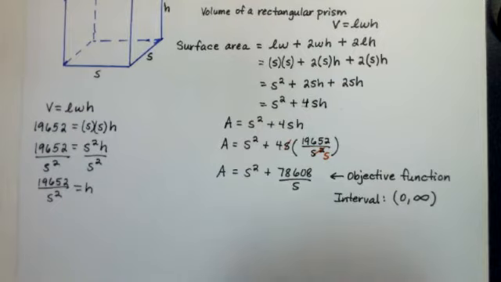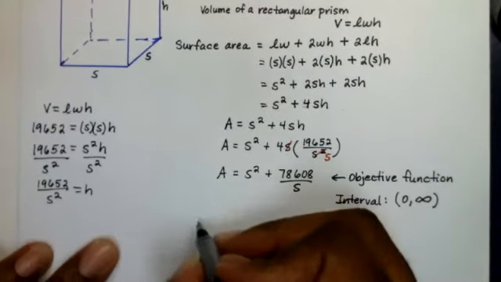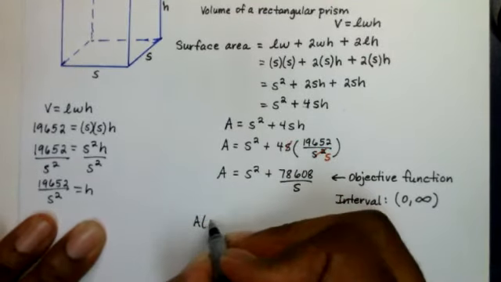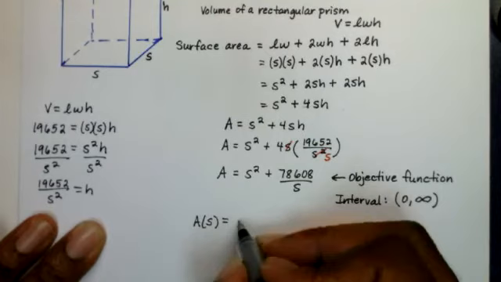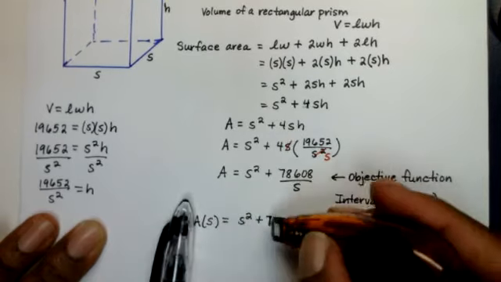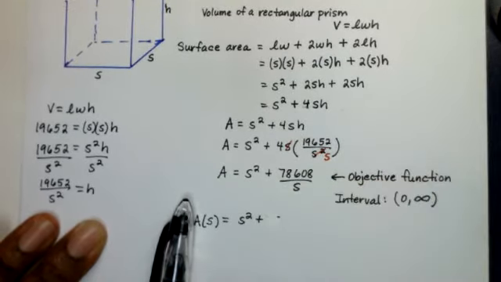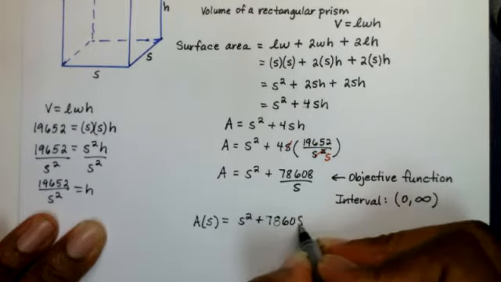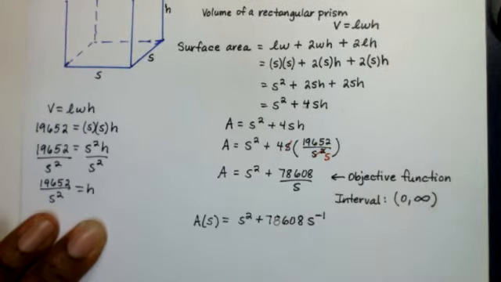I'm going to write this as A of S, since it's in terms of S. So A of S is equal to S squared plus 78,608, and I'm going to pull that S out of that denominator and write that as S to the -1. And then take the derivative of that.